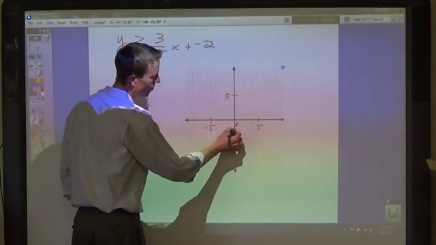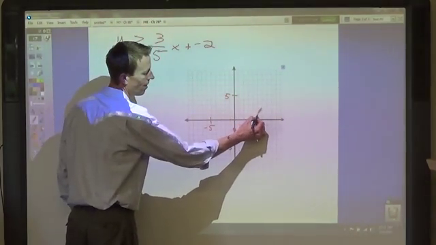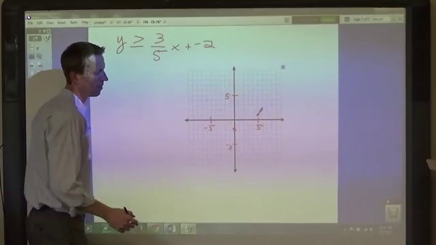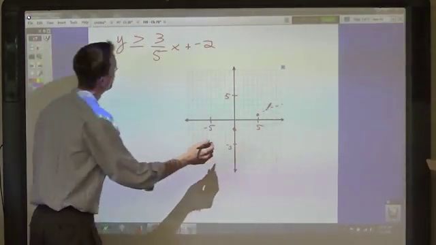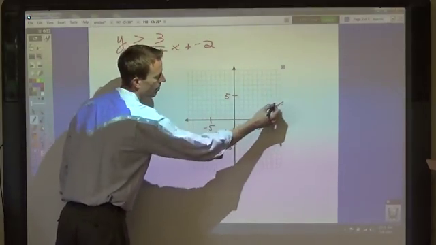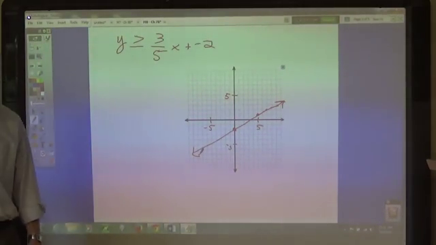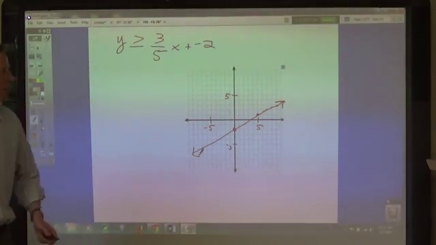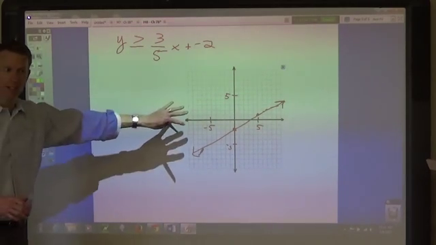You go up 3 and over 5, and connect the dots. We're going to use a solid line. Why did we use a solid line, Hayden? Because it was a greater than or equal to. Good. So everybody understand this much?